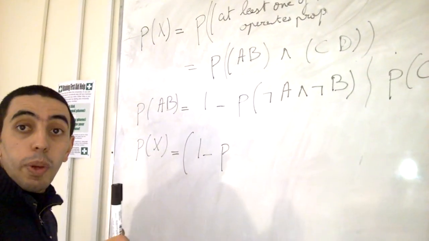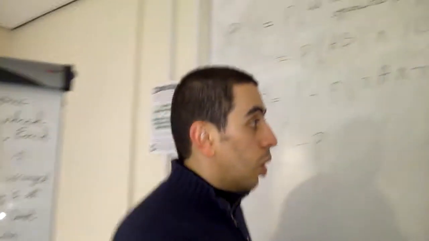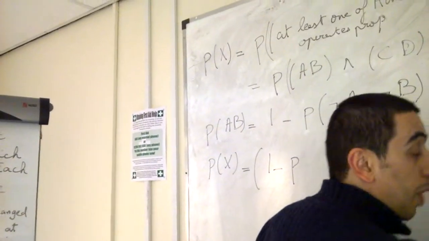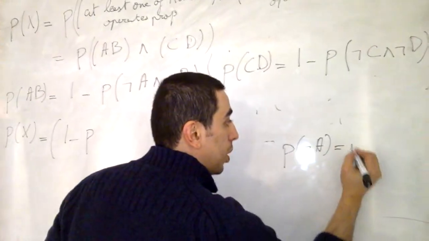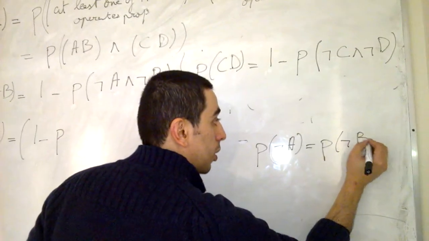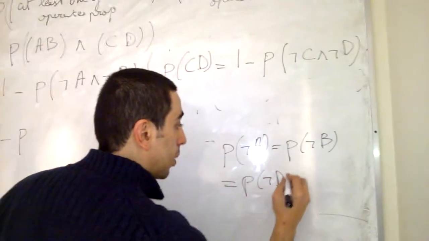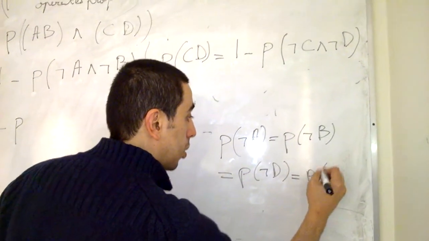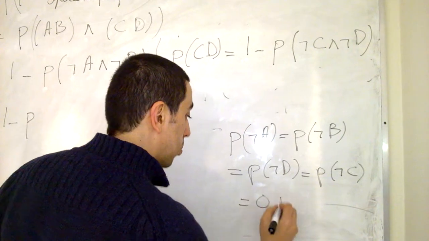A is not operating, failure. No, the probability of failure is 0.1. So that means the probability of failure for all of them, P(not A) equals P(not B) equals P(not C) equals 0.1.